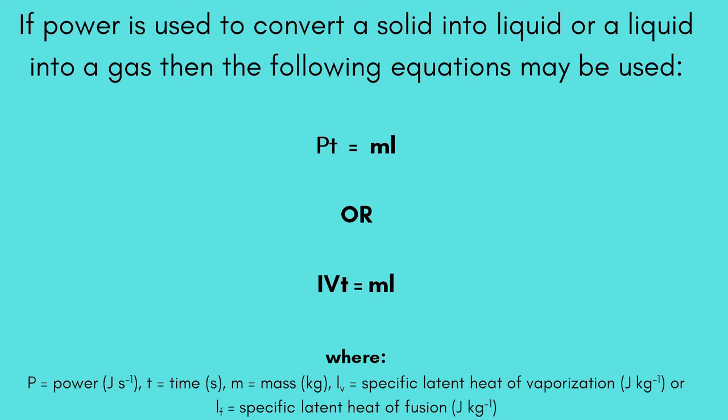Or, since P is equal to current times voltage, we can substitute those variables in for P, and we have IVT is equal to mL, where P is power, which has units of joules per second, T is time in seconds, m is mass in kilograms, L_V is the specific latent heat of vaporization in joules per kilogram, or L_F is the specific latent heat of fusion in joules per kilogram.